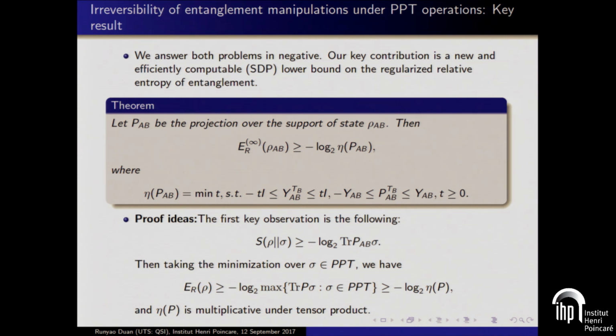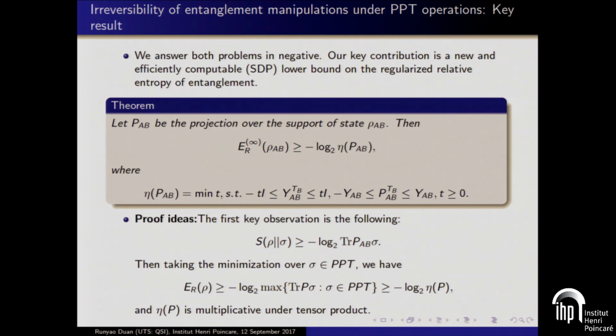So the key observation for proving this is to use this property. For any states rho and sigma, the relative entropy between them is always upper bounded by minus log of trace P_AB sigma. This property is actually a corollary of the fact that the relative entropy is non-increasing if you apply a CPTP map to rho and sigma.